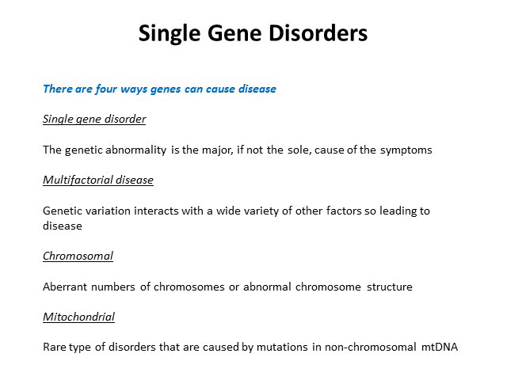In the next lecture, we're going to talk about multifactorial disease, sometimes called complex genetic disease. This is a lot more obtuse to unpick and difficult to map out, if you like, with regards to the effect that mutation and variation is having on these particular types of human disease. This is where genetic variation interacts with the environment and a wide variety of other factors in order to lead to a particular illness.